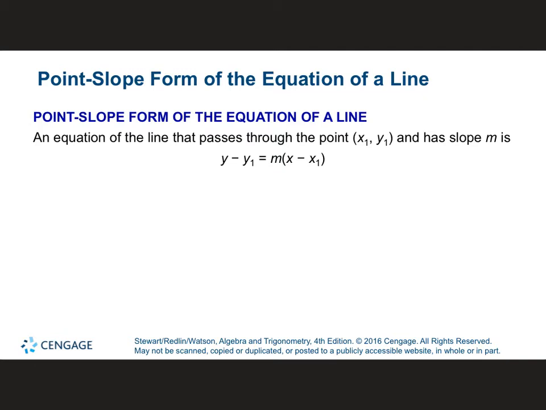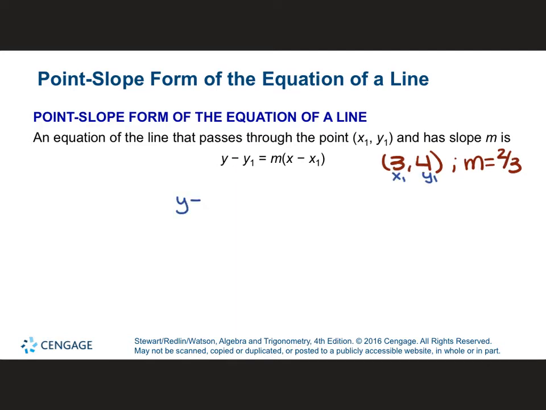An equation of the line that passes through one point, where your slope is given to you, can be represented in your point slope form of a line. You're just taking y minus y1 is equal to m times x minus x1. So for example, if you're given the point 3, 4 with the slope of 2/3, the way that we would input this into our formula would be y, we would keep, minus y1, which would be the 4.